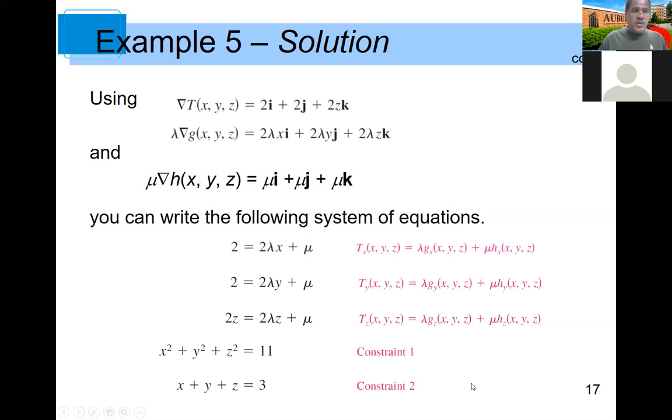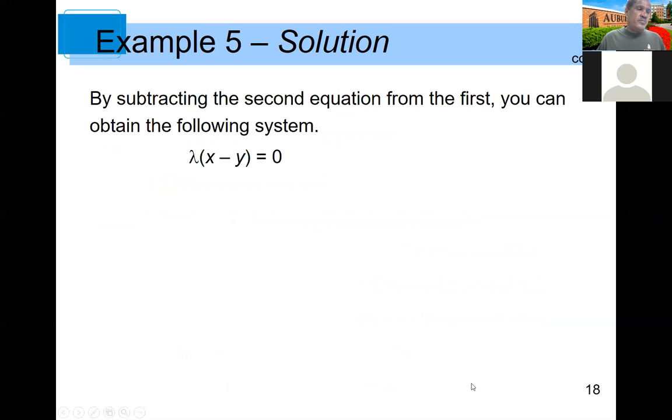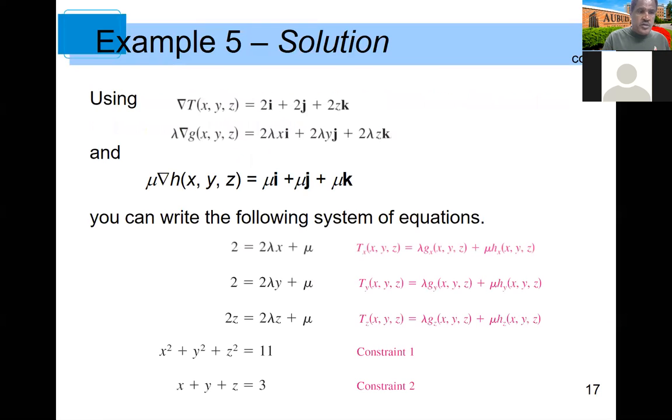So now let's see how we solve this one. If you subtract the second equation from the first one, you see 2 minus 2 is 0. 2 lambda x minus 2 lambda y is 2 lambda times x minus y.